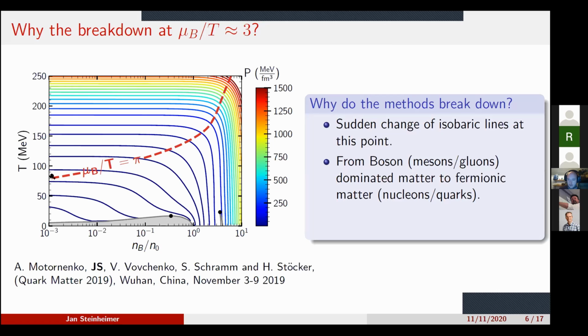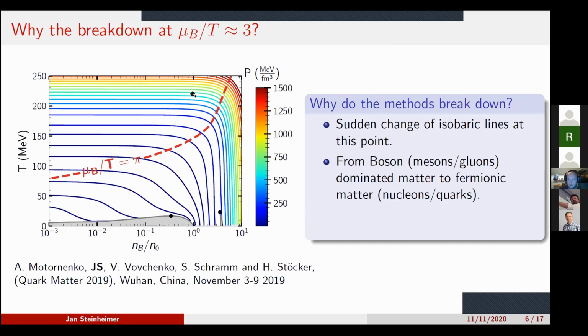And this is actually a rather general result. So you can also look at the same plot for just a hadron resonance case, or maybe just a very simple quark model. And what you see is that as your chemical potential over T approaches 3 or pi or whatever, you see that these isobaric lines go from horizontal to vertical lines.